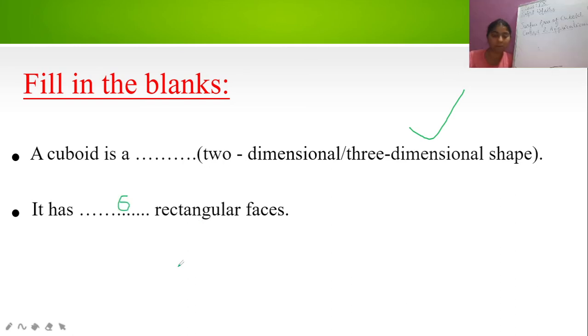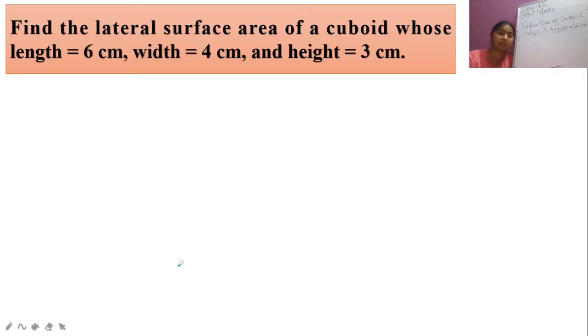Now students, we have one more question for you. Read the statement carefully, then proceed to your answer. There is the word lateral surface area. So what are we going to find out for this? The lateral surface area of a cuboid. Yes, lateral surface area means curved surface area, right?